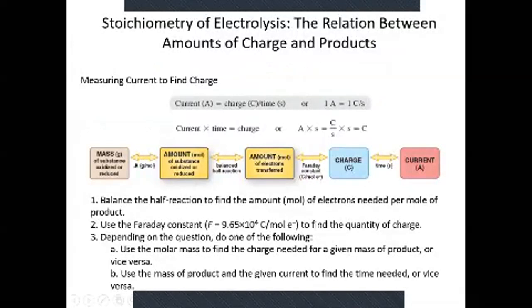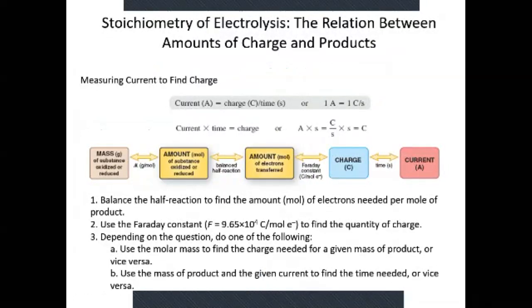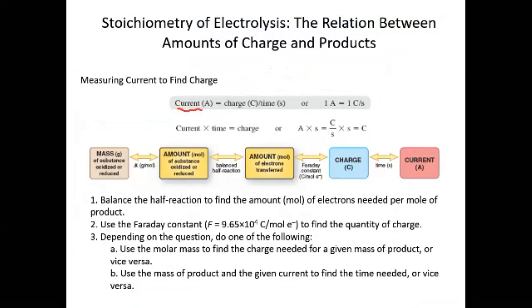So we're going to spend a little time on electrolytic cells, or the stoichiometry of electrolysis. In electrolysis, you have to apply energy, aka electrical energy, to make the reaction occur. Usually you apply it in amps over a given unit of time. The reason we apply amps over a given unit of time is we can calculate something called charge.